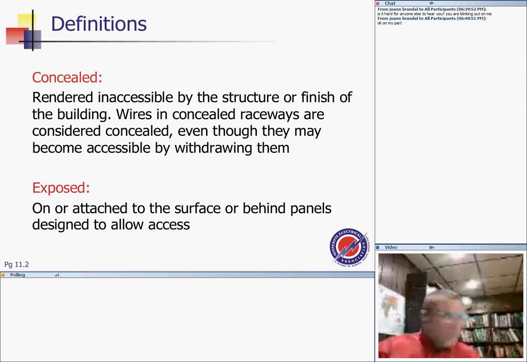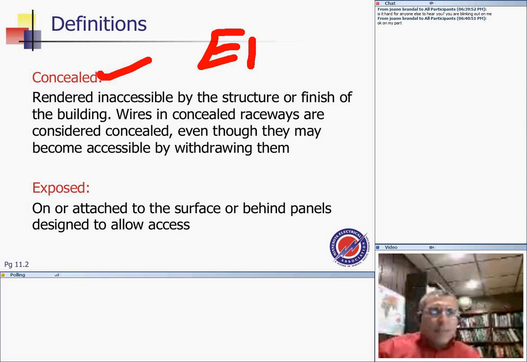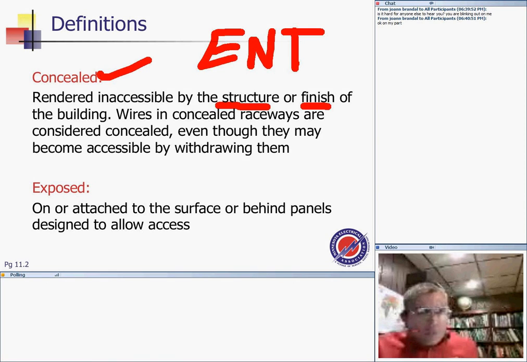We brought definitions, guys, related to concealed and exposed when it comes to electrical nonmetallic tubing. Concealed is rendered inaccessible by the structure or finish of the building.